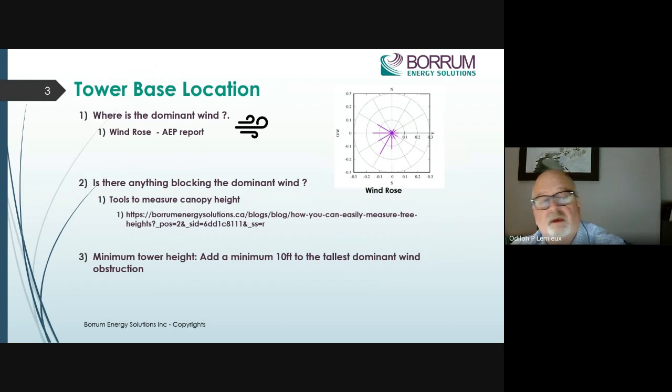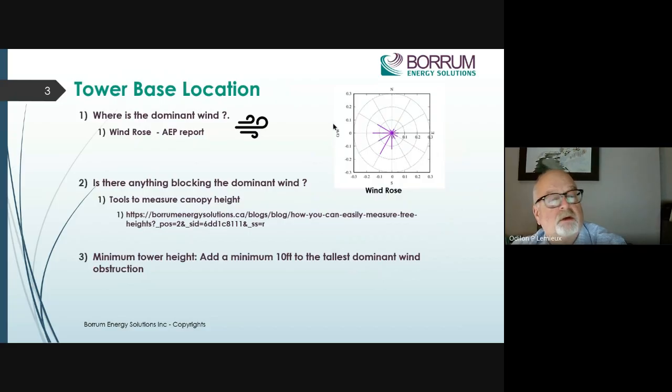What you see here is an example of a wind rose, right? And it tells you that in this particular location, most of the wind comes from the west and southwest. There's nothing on the other side. So dominant wind is in the west and southwest.